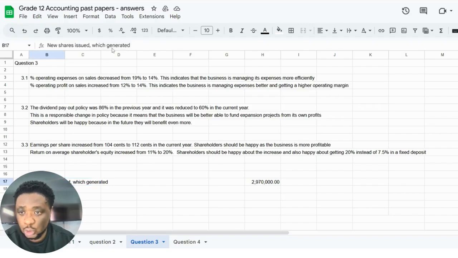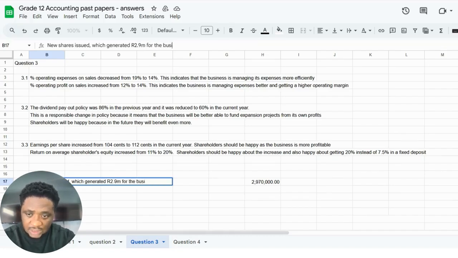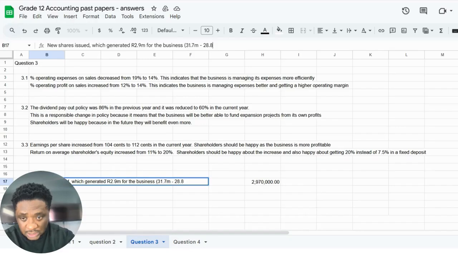Okay, so I'm going to use that. New shares were issued, which generated 2.9 million for the business, and then you can just show your calculation that this was 31.7 million minus 28.8 million, right?